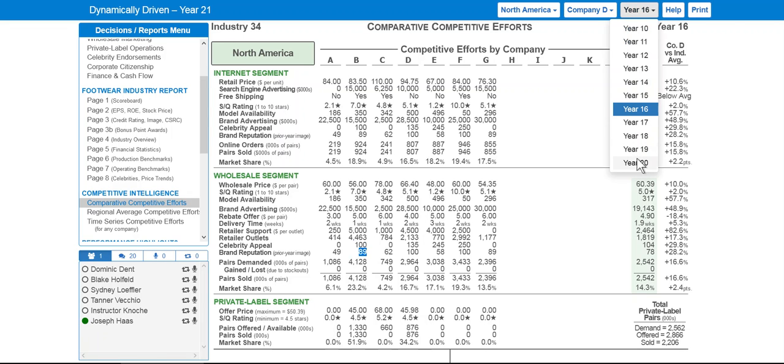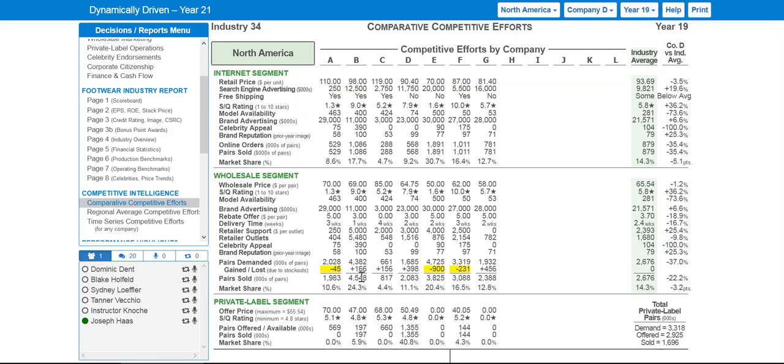And if you look at year 19, it even got more pronounced, because they really kind of built up on their brand reputation. And they also spent a lot of money on charities and citizenship. If you notice that they won 2 or 3 years in a row for their awards.